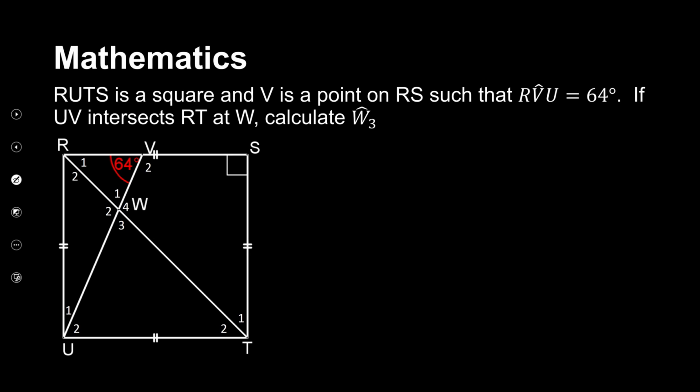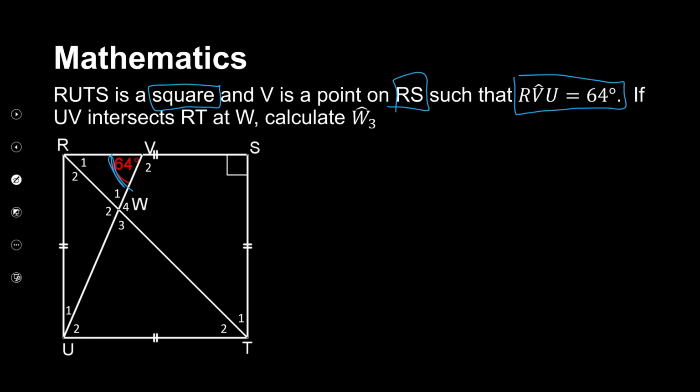Now with this one, we know that RUTS is a square, right? Now, it being a square, we're going to need to think about the properties of a square because we are going to use them somewhere here. V is a point on RS such that RVU is 64 degrees, I can see there, I've shown you.